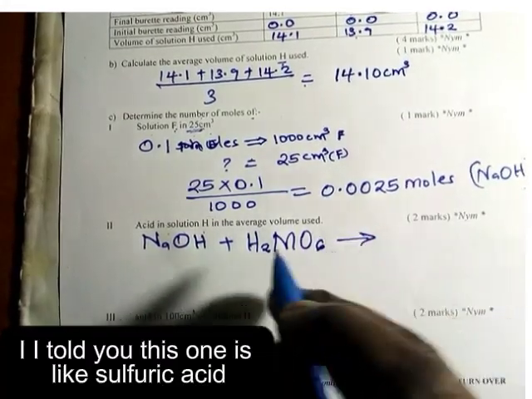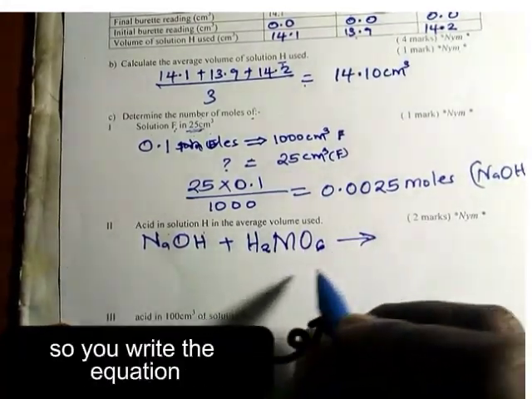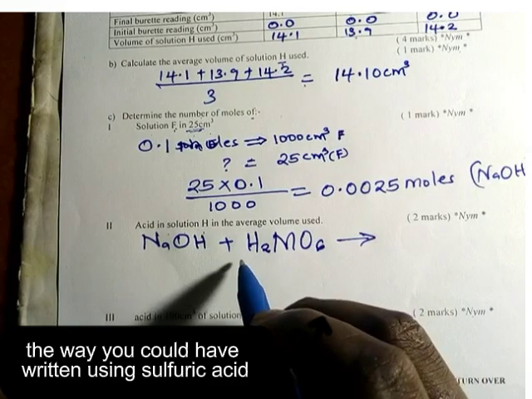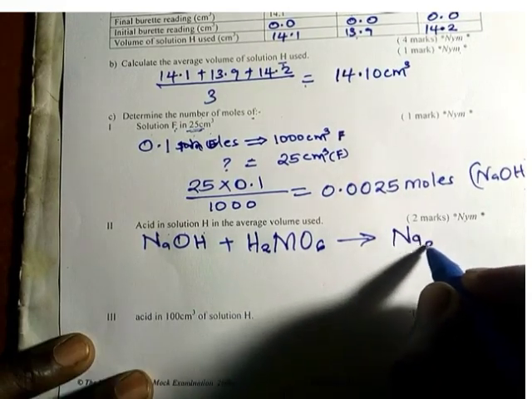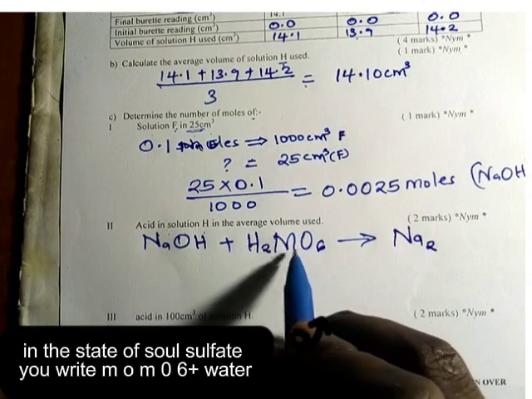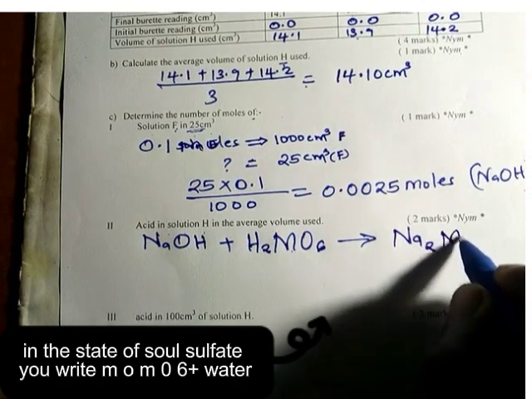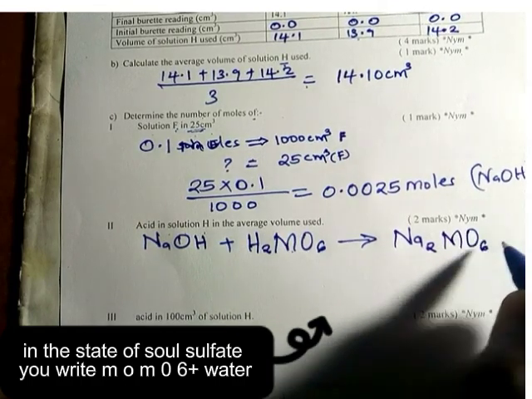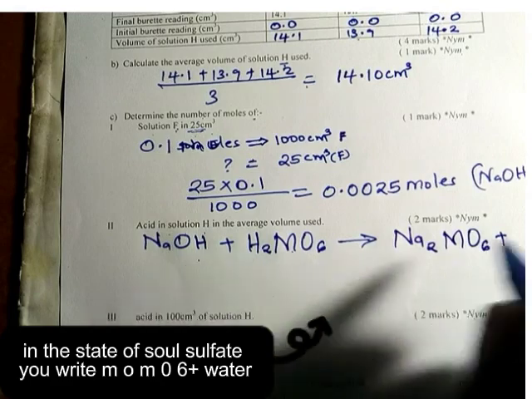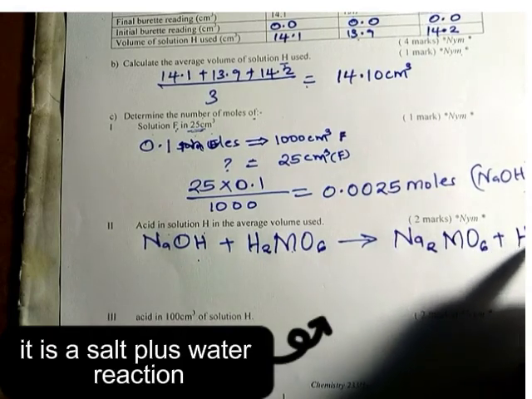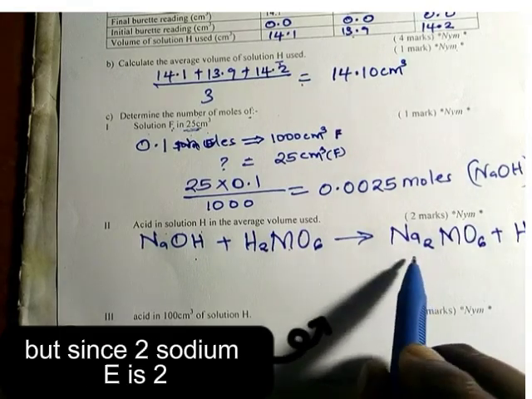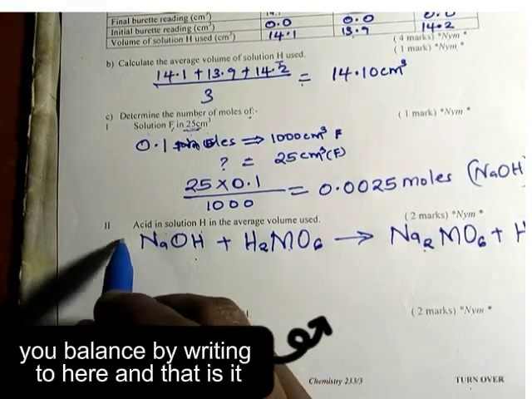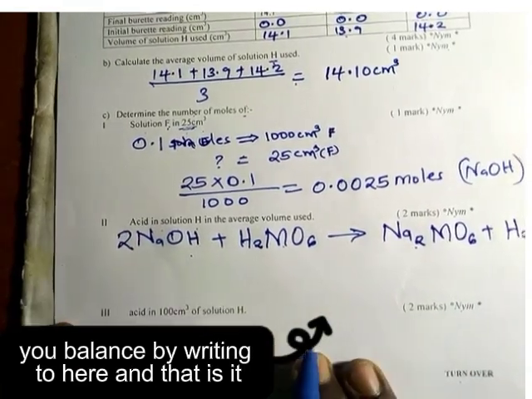I told you this one is like sulfuric acid, so you write the equation the way you would have written it using sulfuric acid. Instead of sodium sulfate, you write Na2MO6 plus water. It is a salt plus water reaction because this is neutralization. Since sodium here is 2, you balance by writing 2 here, and that is it.